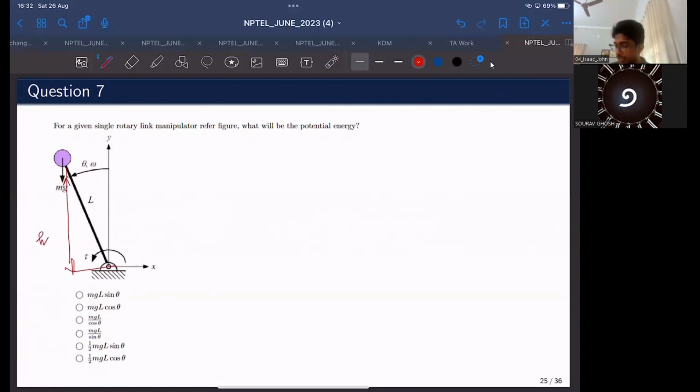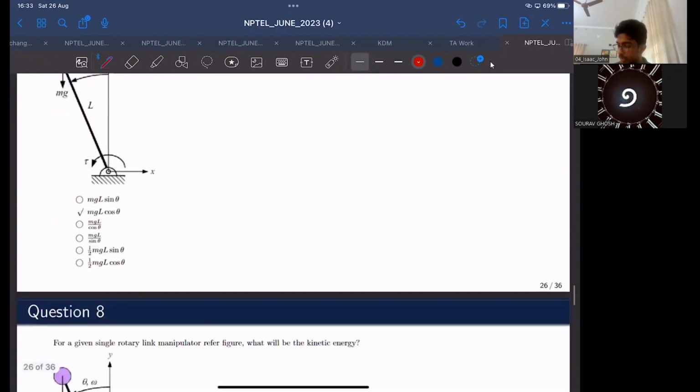If this is theta, it will be mgl cos theta. Because this is theta, this is L, and this would be L cos theta. That is the height. So no scope of confusion in that. That is indeed the correct answer.